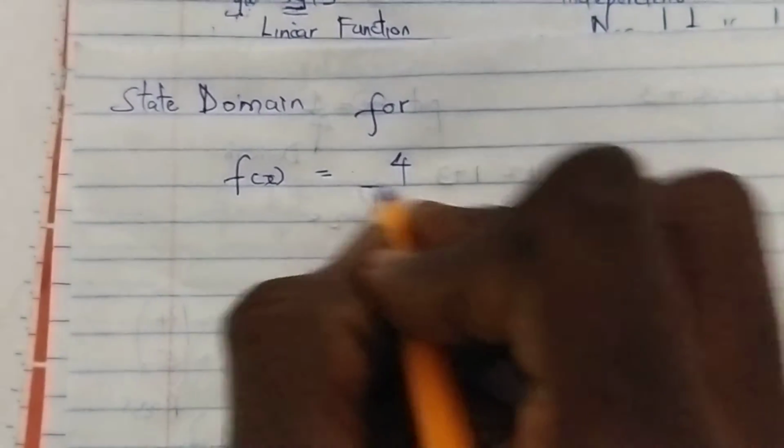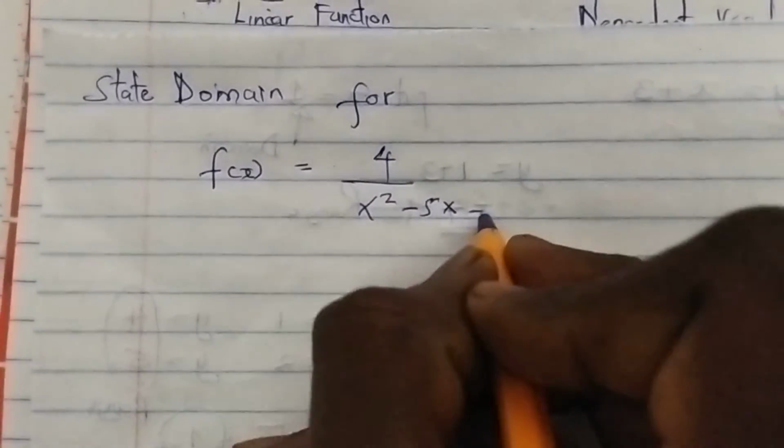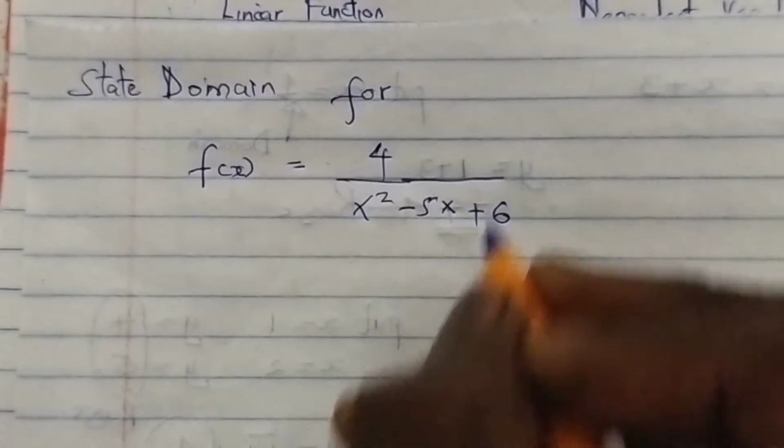You have been told, state the domain for f of x is equivalent to 4 out of x squared minus 5x plus 6.